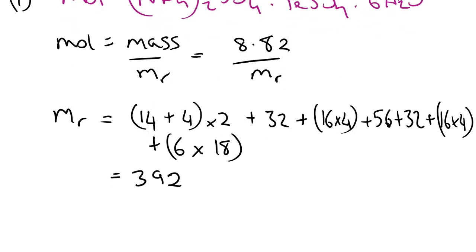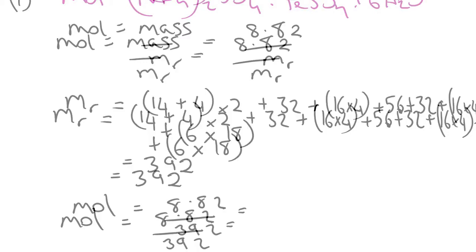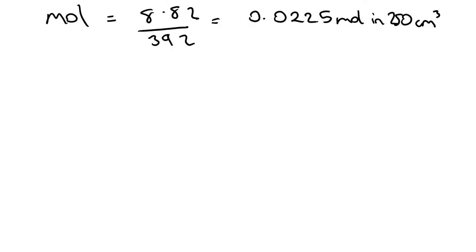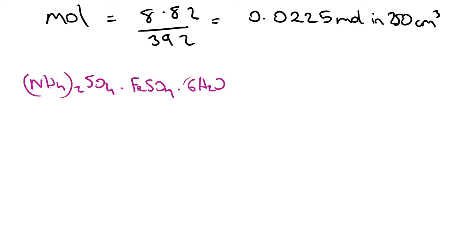So our moles of that substance, the ammonium iron sulfate, is 8.82 divided by 392, which is equal to 0.0225 mole. So what we've worked out there is that there are 0.0225 moles of the compound present in 250 centimeters cubed.